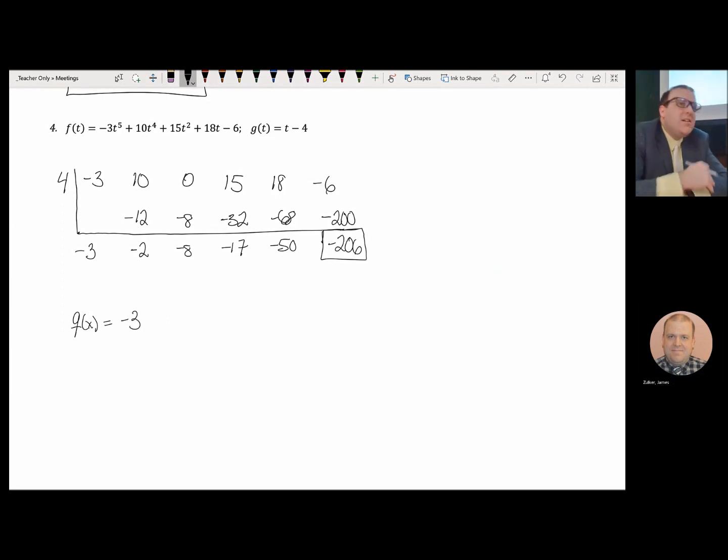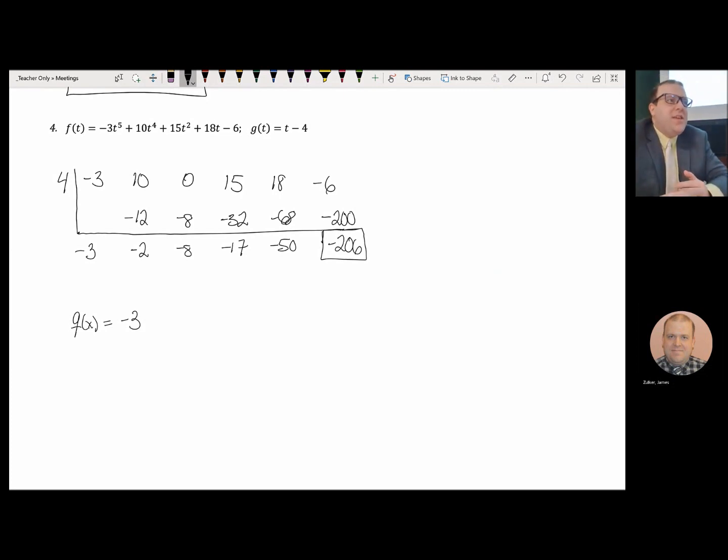Quotient. Degree of the dividend is what? Fifth degree.